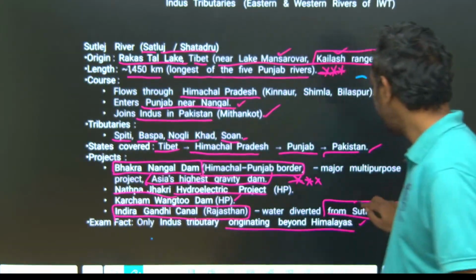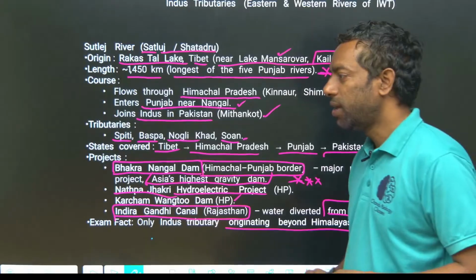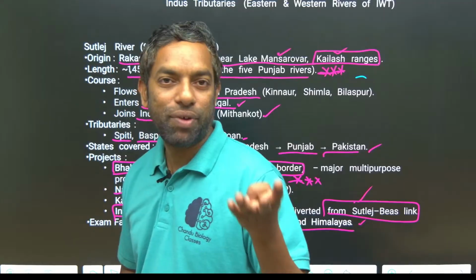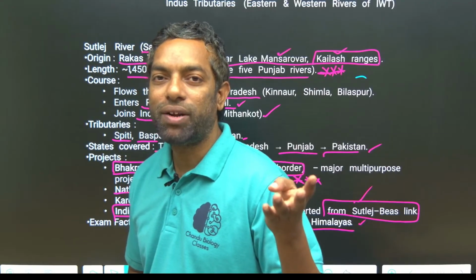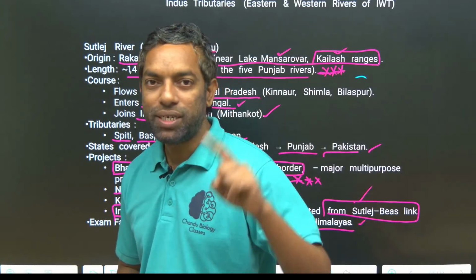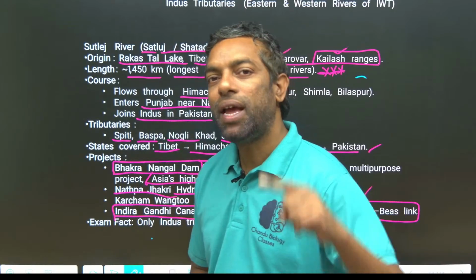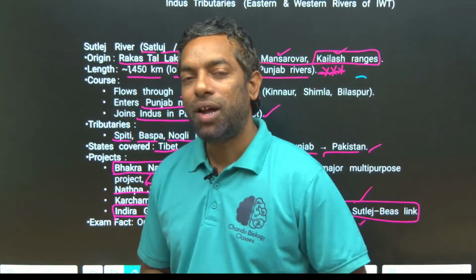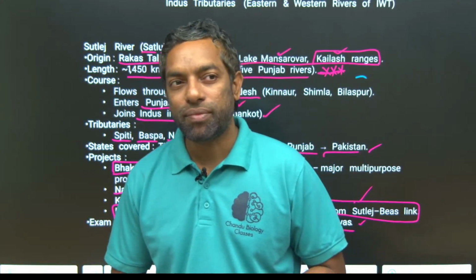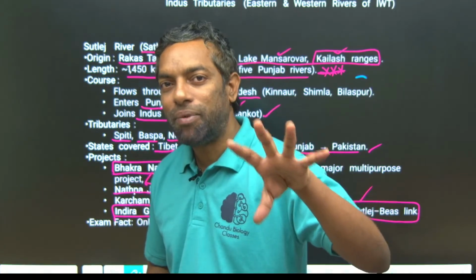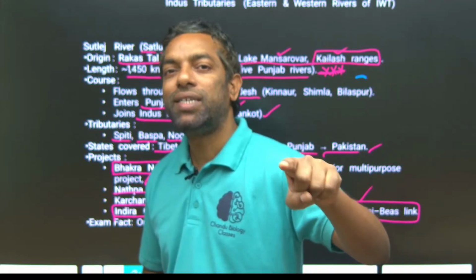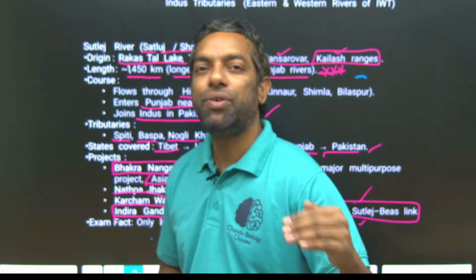From the exam point of view, they can ask which Indus tributary originates beyond the Himalayas: Satluj. Another question: among the five tributaries of Indus in Punjab, which river originates outside India?